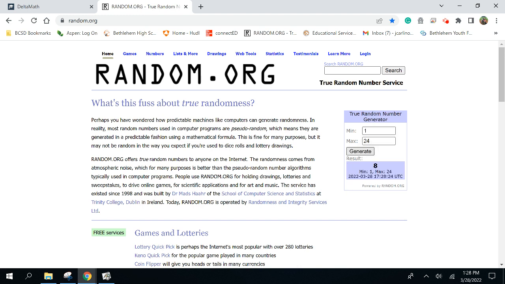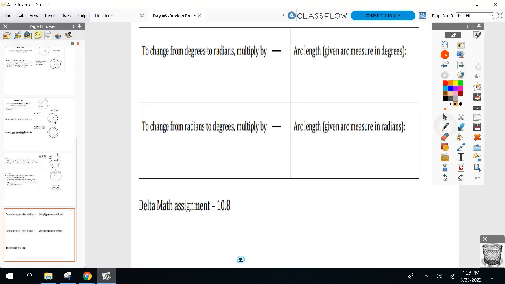Multiply by pi over 180. We either know it or we know where it is on the formula sheet. Your call. Leave your answer in terms of pi when you give me a radian. And we multiply by 180 over pi if you want to go from a radian to a degree.